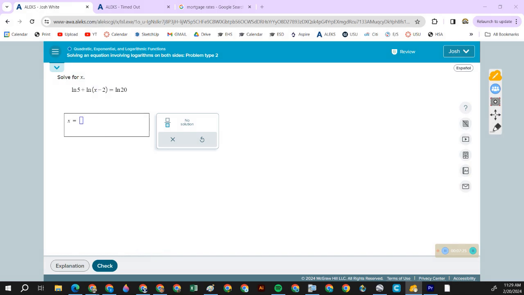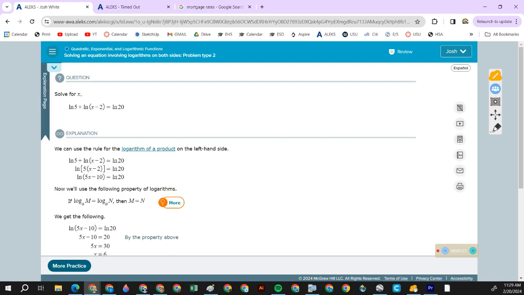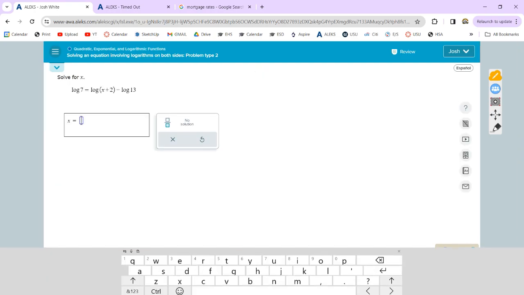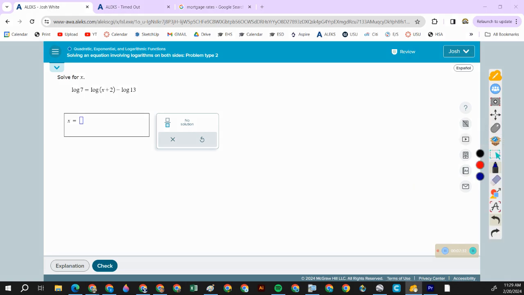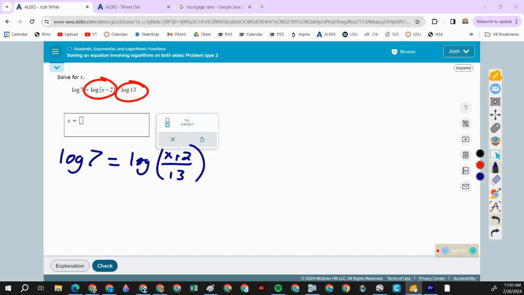Let's do another one of these to see if there is a slightly harder version. Okay. So here, log base 10 of 7 is equal to, this one goes on top, log of x plus 2. This one goes on bottom, divided by 13. Now we have log equals log. Erase those. 7 is equal to x plus 2 over 13.